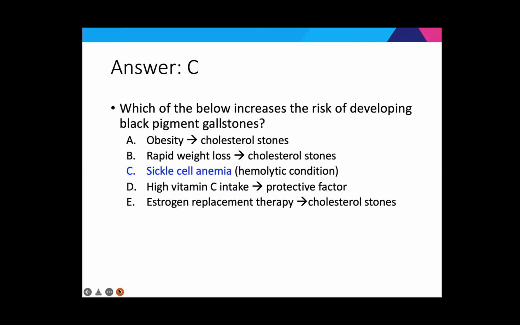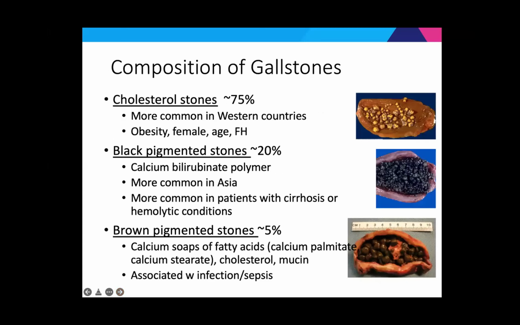The most common type of gallstones is cholesterol stones. This accounts for about 75% of gallstones. It's more common in Western countries and is associated with obesity, female gender, older age, and family history. Black pigmented stones account for about 20% of gallstones.